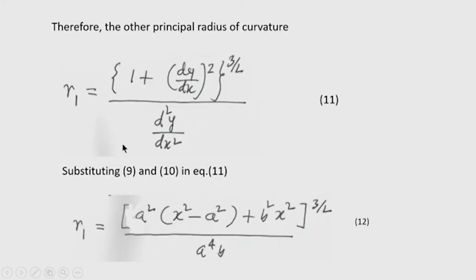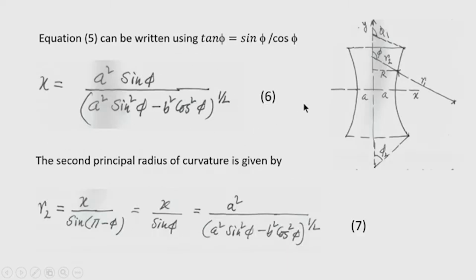So, r 1, the other principal curvature, that is the curvature of the meridional curve, which is a hyperbola, and for that meridional curve at this point we have obtained dy by dx as well as d square y by dx square.